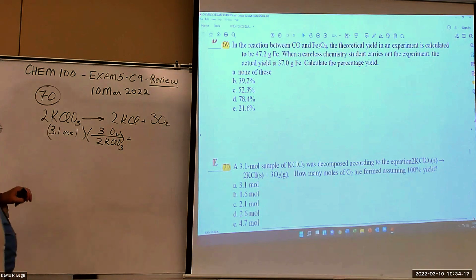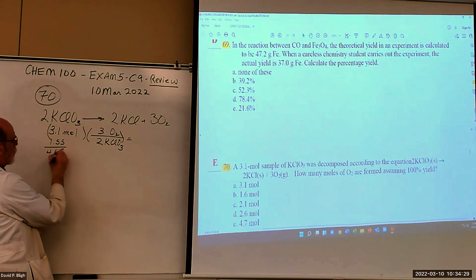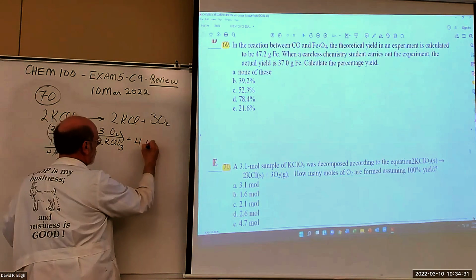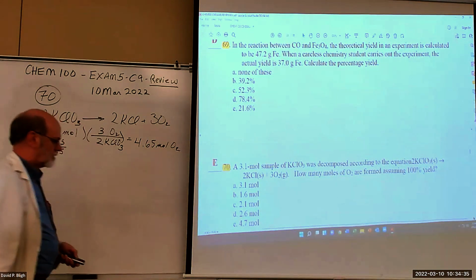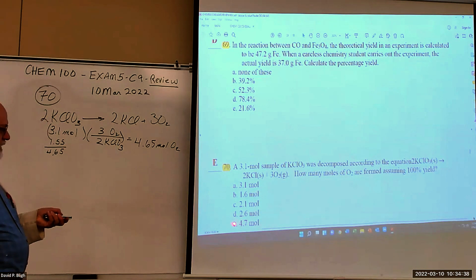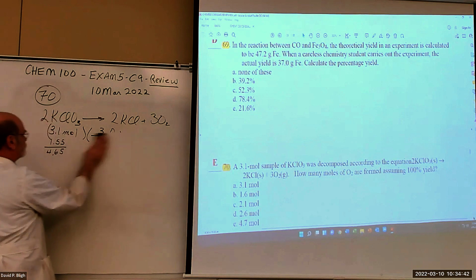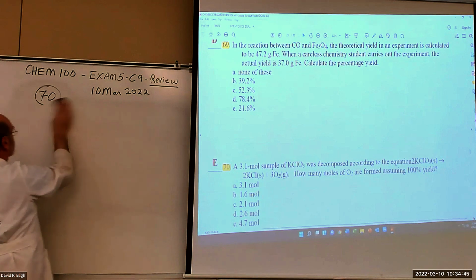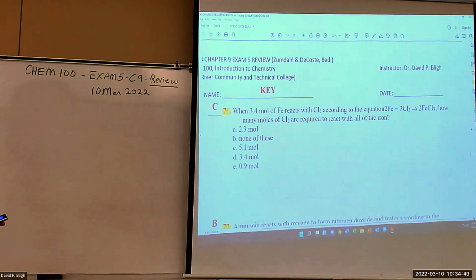So 3 halves, or 1.5 times that, would be 4.65. Or 4.7, rounded off. All right, 71.